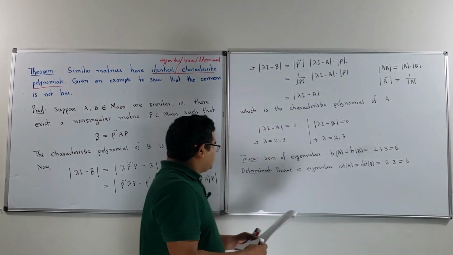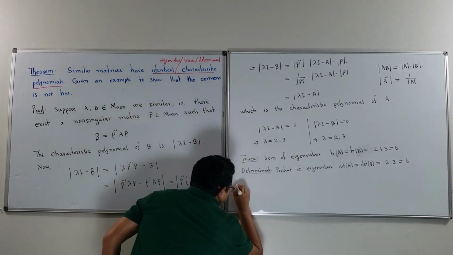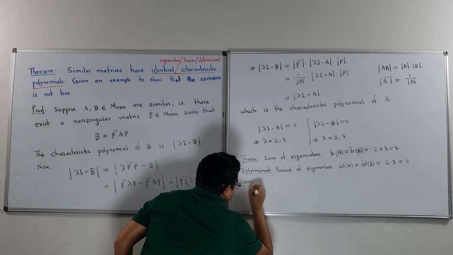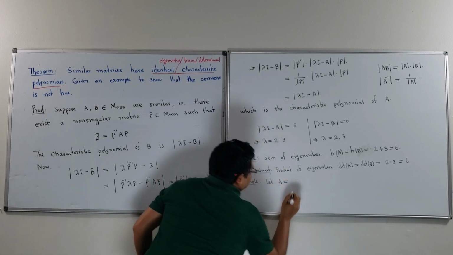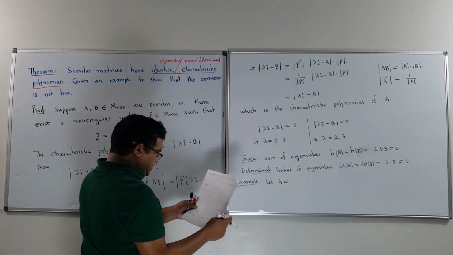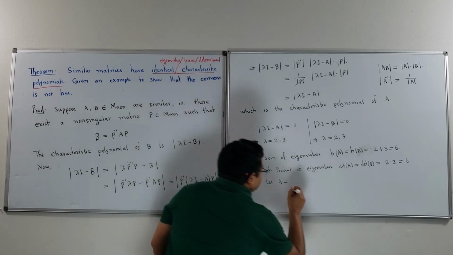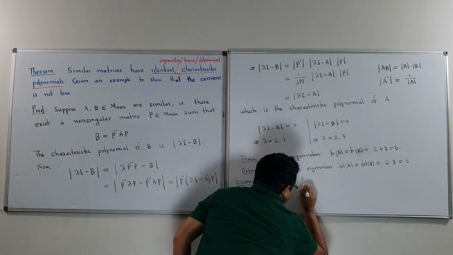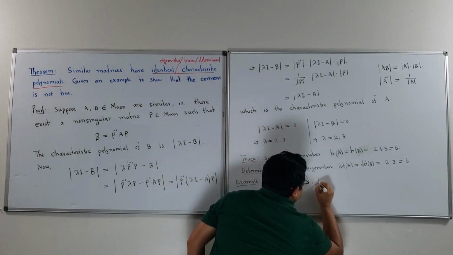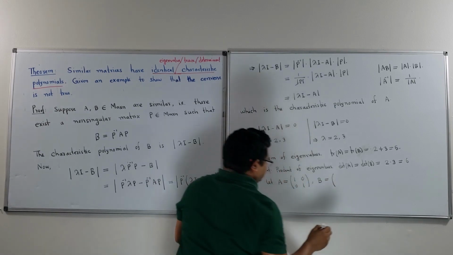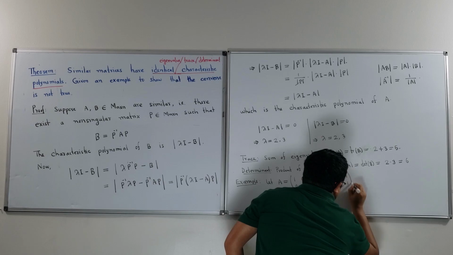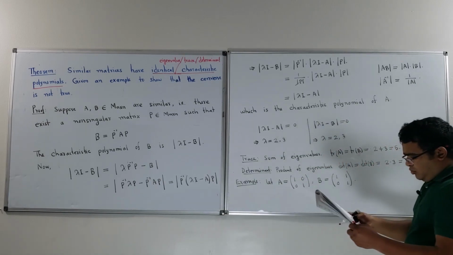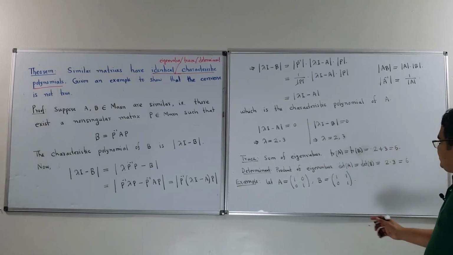So, example: let A be a 2 by 2 matrix, 1 0 0 1, and B is another 2 by 2 matrix, 1 1 0 1. Then what is their characteristic polynomial?